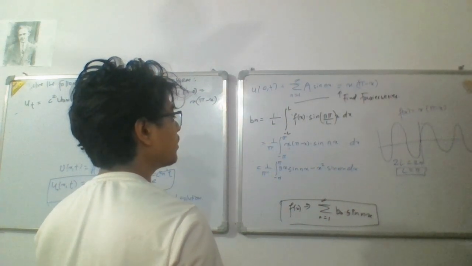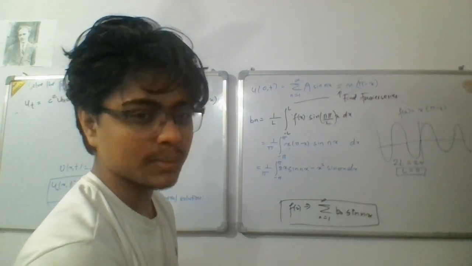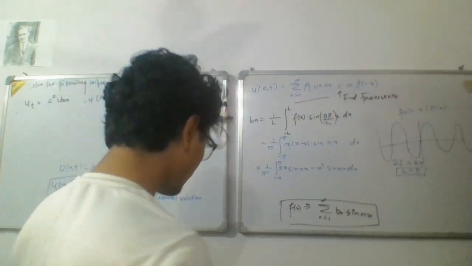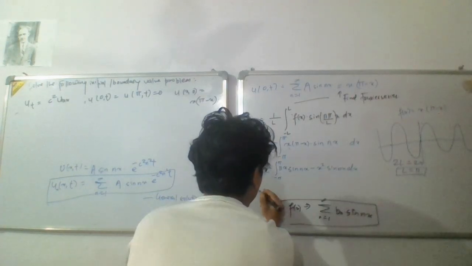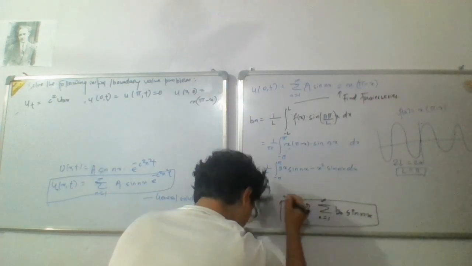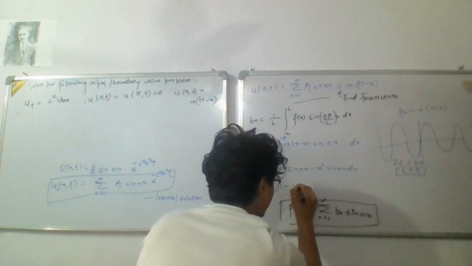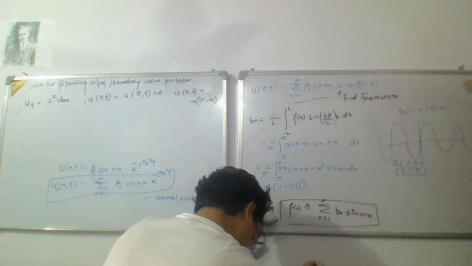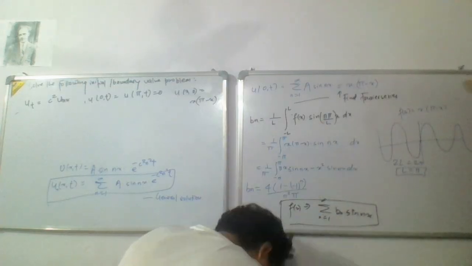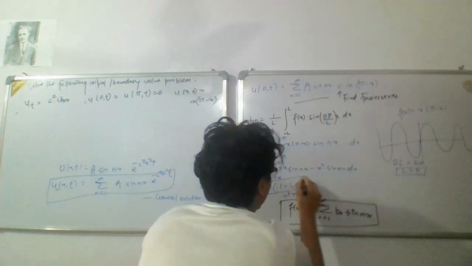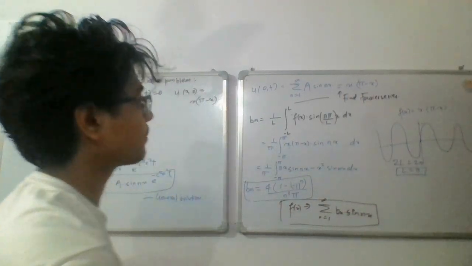I'm not going to solve this because it is going to be very messy. If you solve this, you would get bn equals 4(1 minus minus 1 to the power n) by n cubed pi. This is what we get for the value of bn.